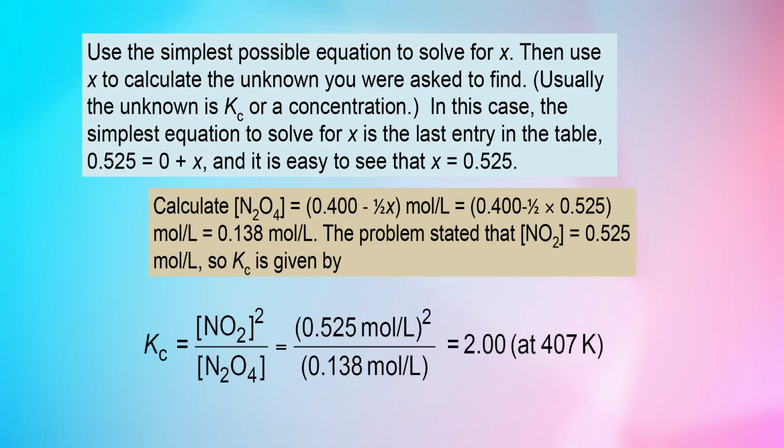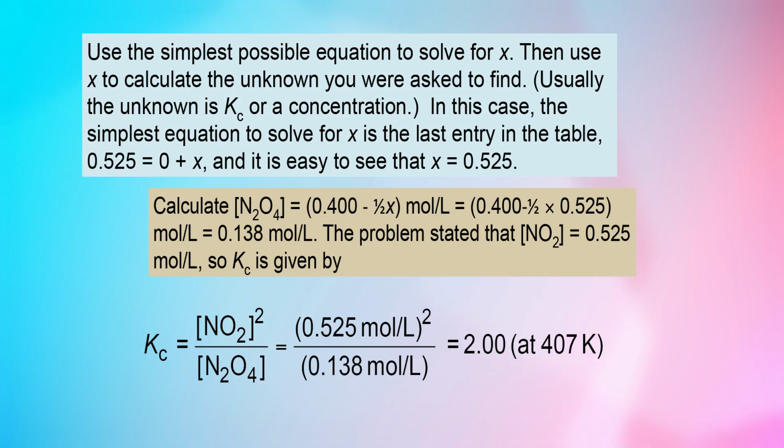Next, you use the simplest possible equation to solve for x. So, you see, 0.525 equals 0 plus x. So, x can be taken as 0.525, isn't it?